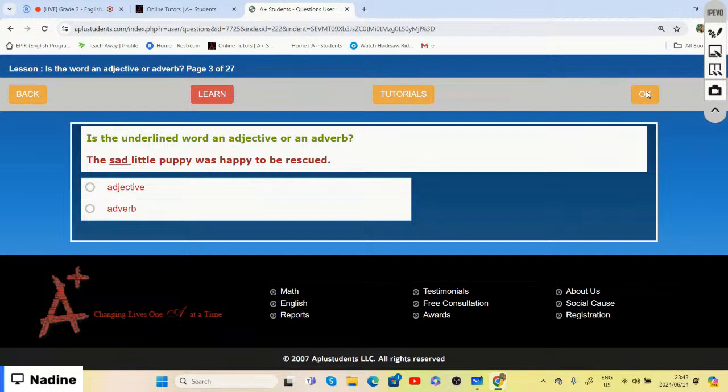The sad little puppy was happy to be rescued. So the word sad, is that an adjective or is it an adverb?